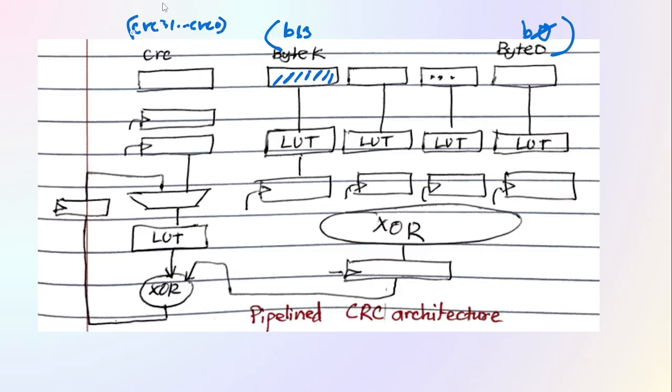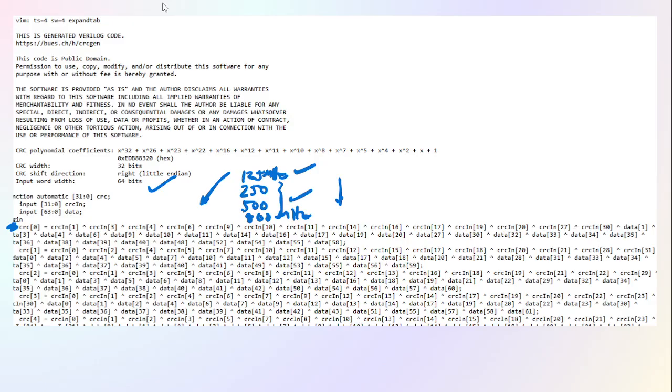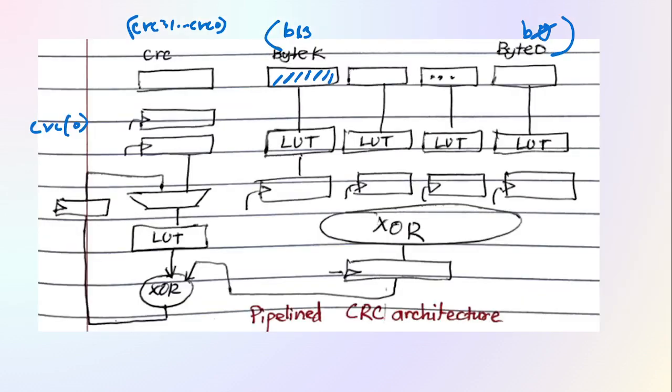Any output state, let's say CRC0, like if you go back here, you see CRC0 is being talked about here. If you look at that CRC0, you know that it's made up of a bunch of CRC bits and a bunch of data bits. Now, the way to think about it is you can split these functions, because at the end it's just an XOR. So you can XOR in chunks. You don't have to XOR all of them.